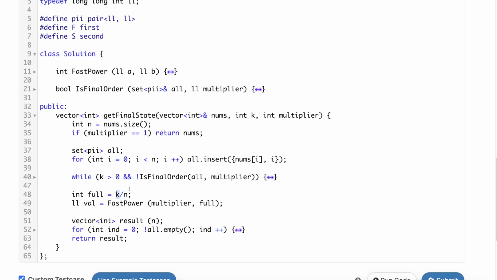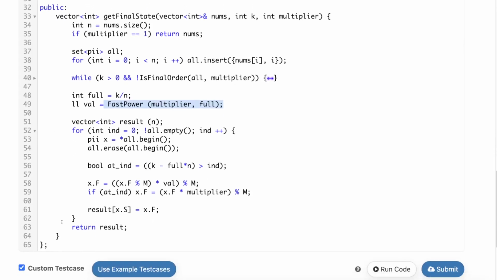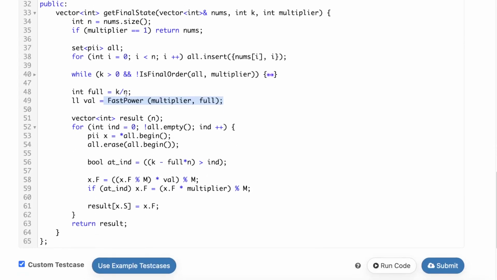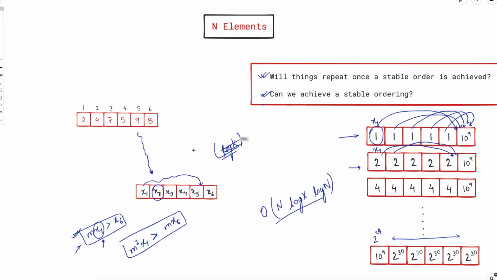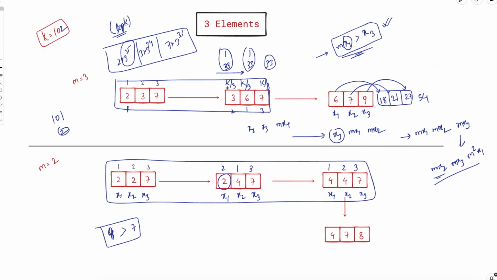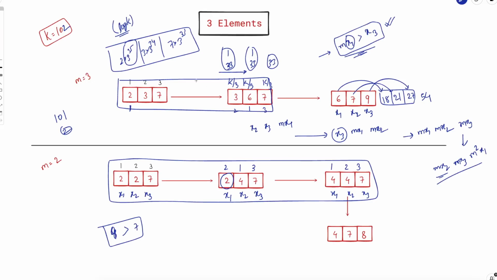So after you have divided this entire thing, you will simply compute the first power because that's the one you will be multiplying with every element there. After that, you can simply iterate over your set, take out an element, and see if you need to apply one more operation, because notice that if you simply distribute k by n, k by 3, k by 3, k by 3 here, the remaining 2 you need to distribute starting from the first one.